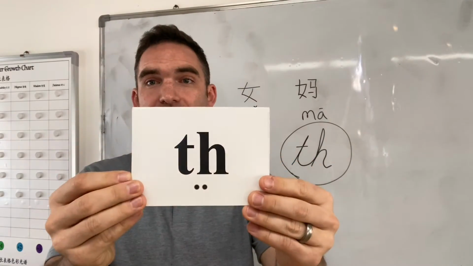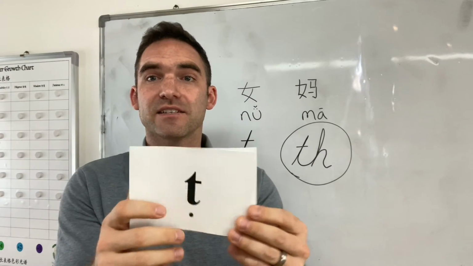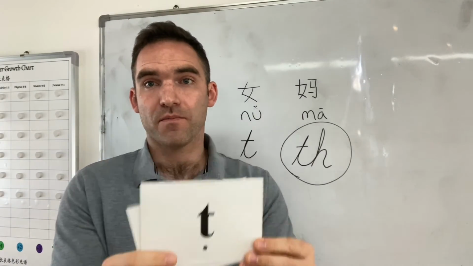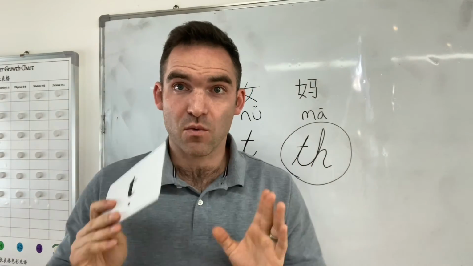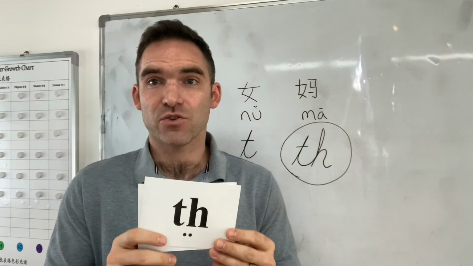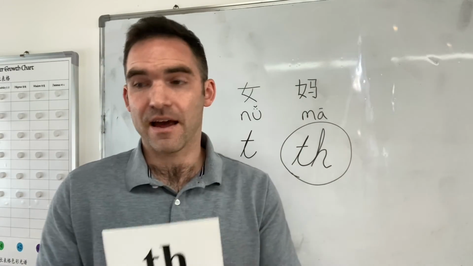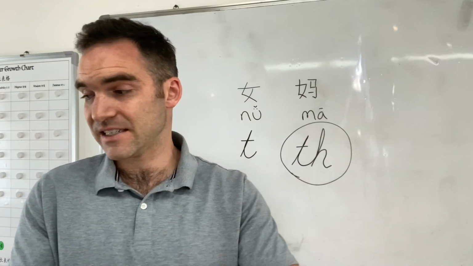This is one grapheme, one symbol, even though it's two letters put together. And this is one grapheme, one symbol. So when we think of graphemes, we want to think of the symbols, and that's why we don't teach this is TH. We teach this is like that, okay? Because this is a symbol that represents sounds.